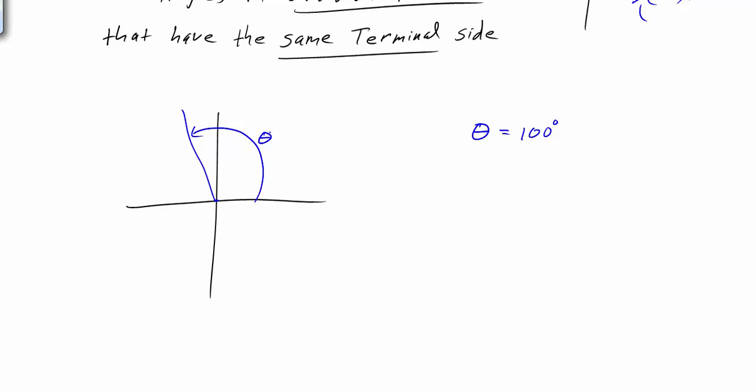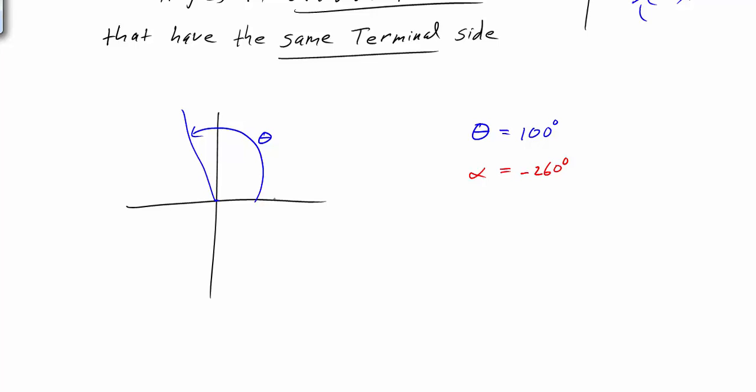Then if we want to draw a coterminal angle, we could use this Greek letter alpha, and say that maybe that's going to be a negative 260. Well, how do we get that?